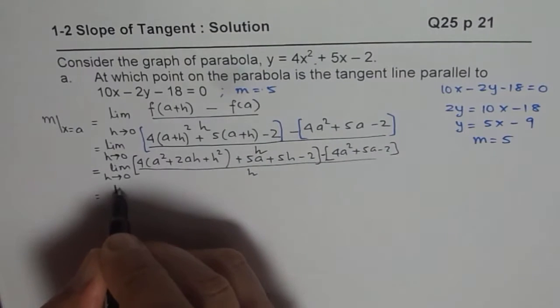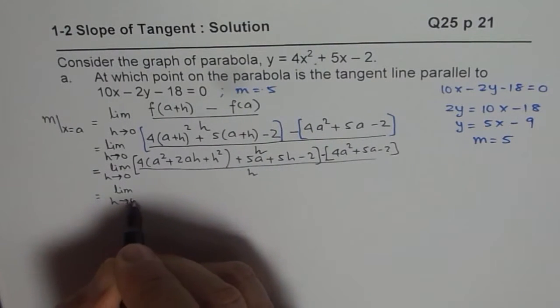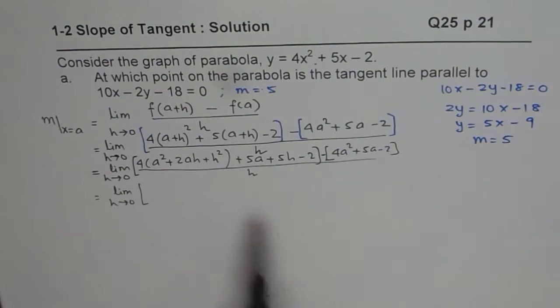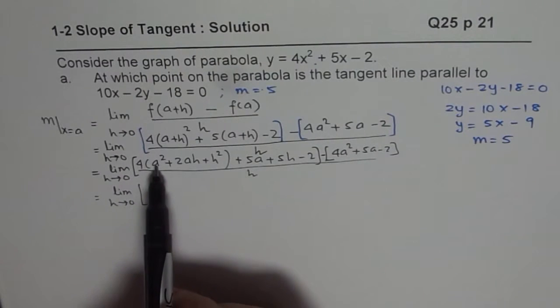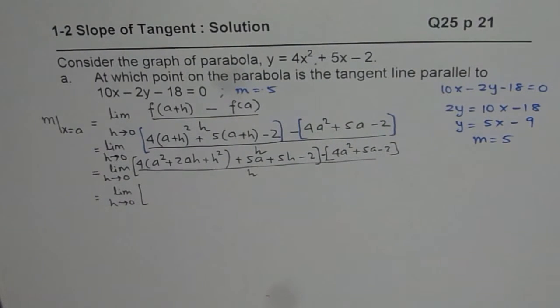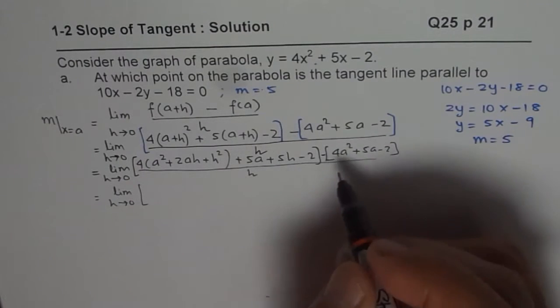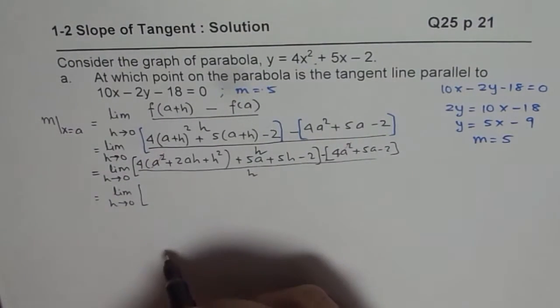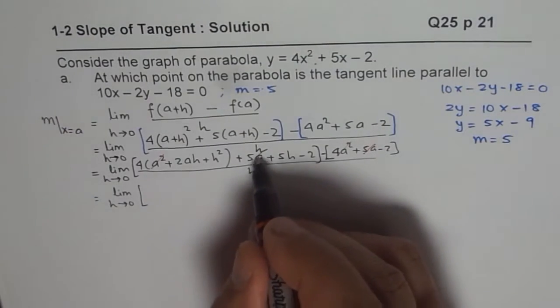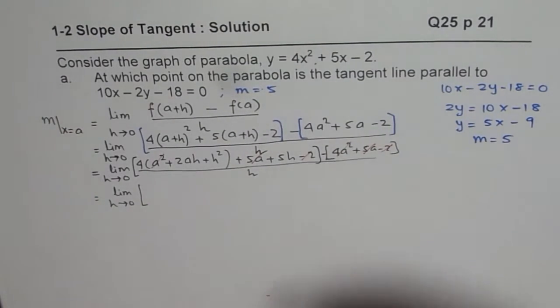So simplify it further. Now when you open the bracket, what do you see? You get 4a squared minus 4a squared, so that cancels out. 4a squared will cancel, 5a will also cancel, and minus 2 will also cancel.